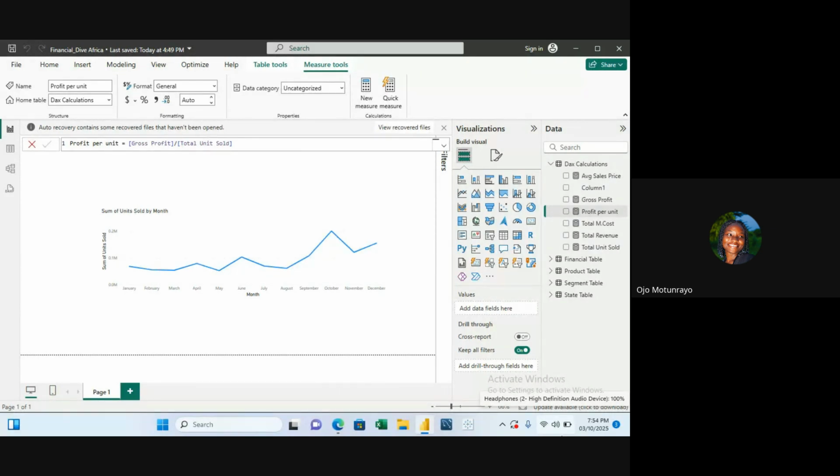So how do we now calculate our total profit?